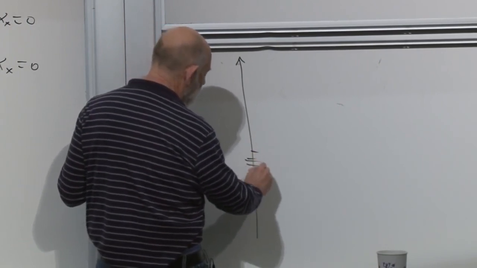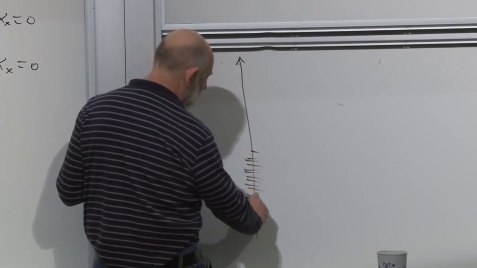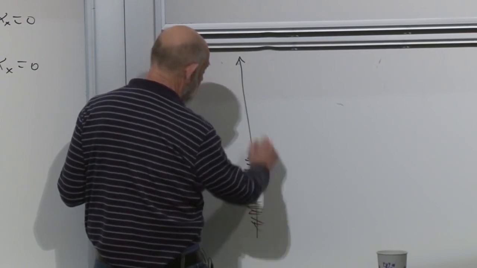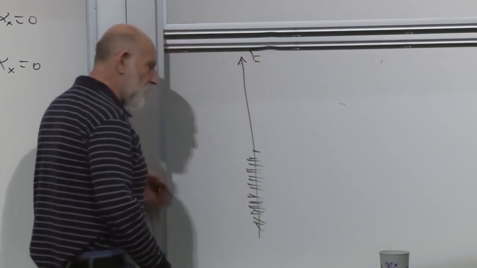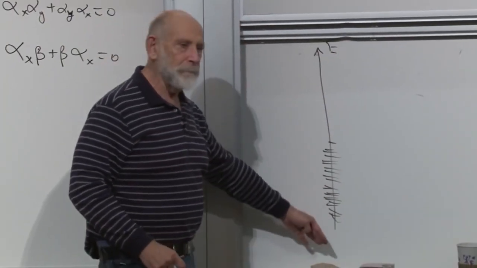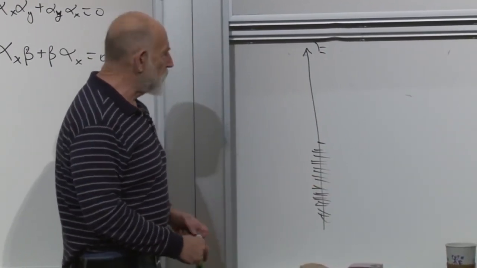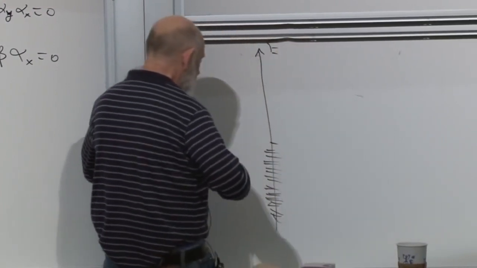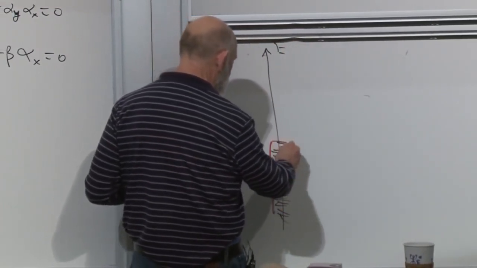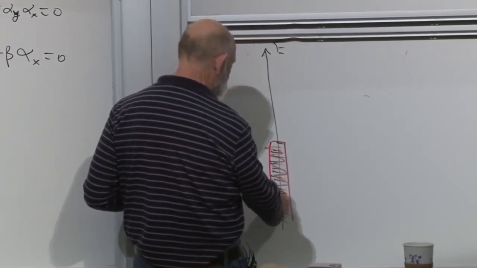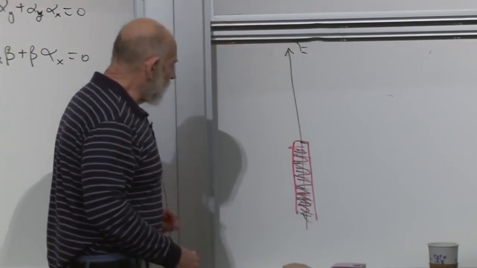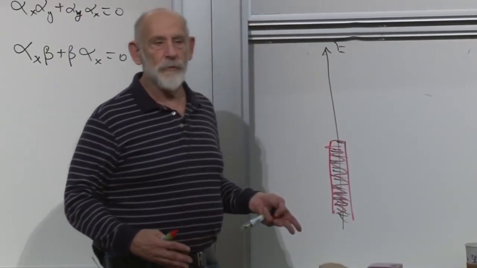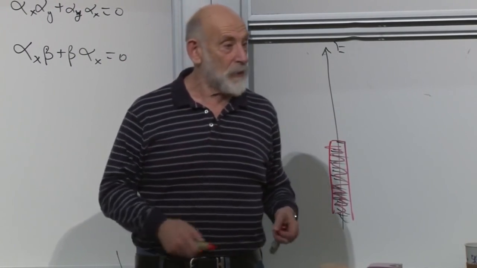Here are all the negative energy levels, lots of them. And what Dirac said is fill these all up, put a particle in every one so it becomes a sort of monolithic thing which you can't put any more particles into. And that way you stabilize the vacuum against more negative energy particles.